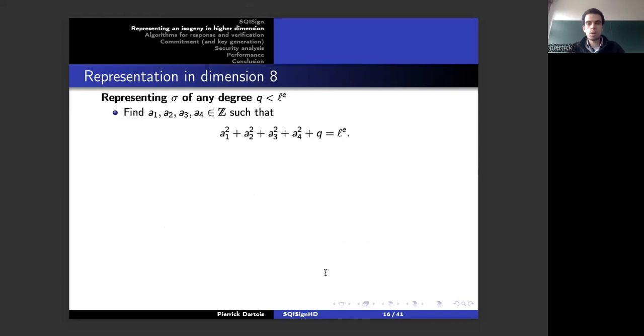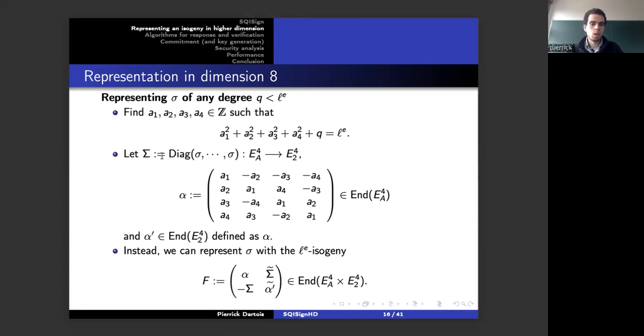If we want to have a perfect distribution, a perfectly random distribution of isogenies, we need to remove this constraint on Q. And so we can do it by going into dimension 8, and it provides actually a better proof of the zero knowledge properties. But concretely, how do we do? We just write L to the E minus Q as a sum of 4 squares. That we can always do. This is just a standard theorem by Legendre.